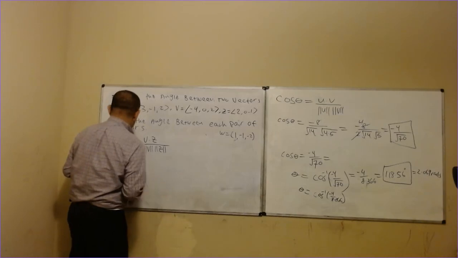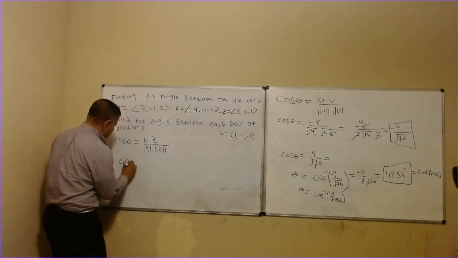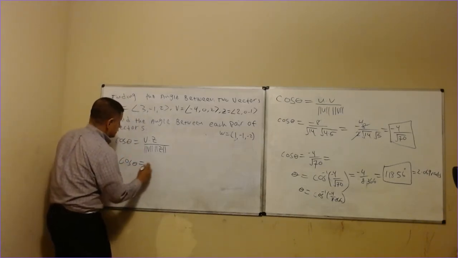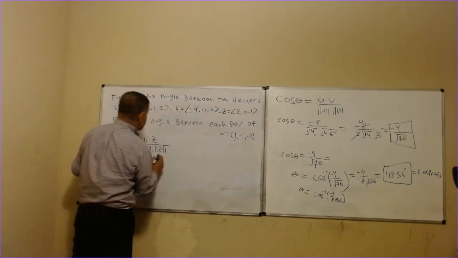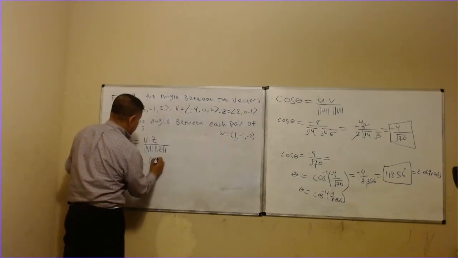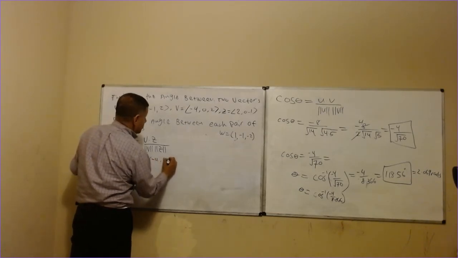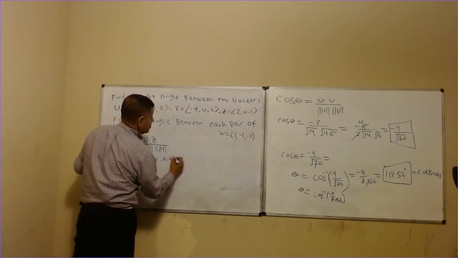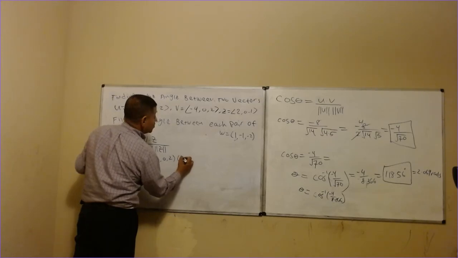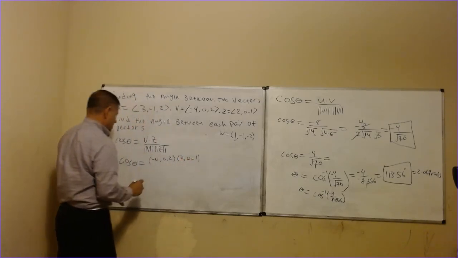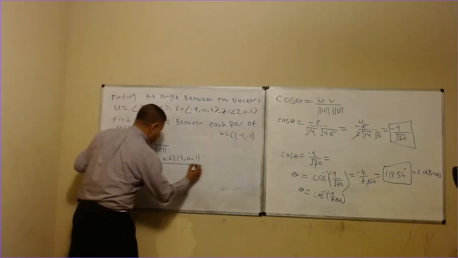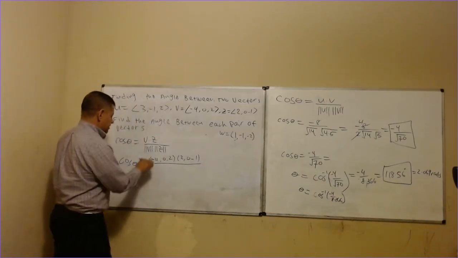I get cosine of theta is equal to V dot Z, which is (-4, 0, 2), times (2, 0, -1), all over the magnitudes of those. There are two magnitudes.